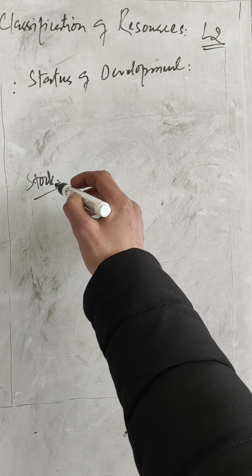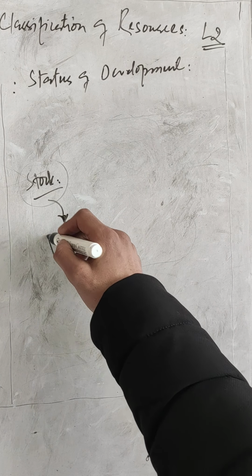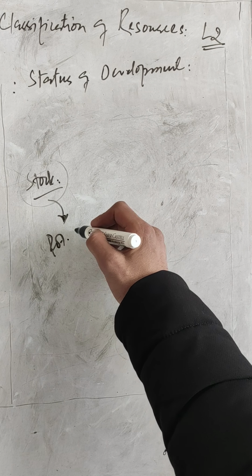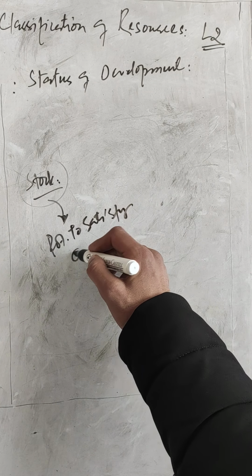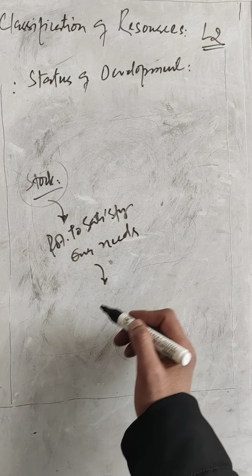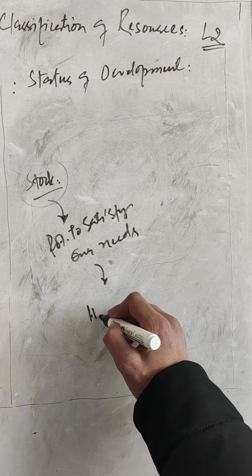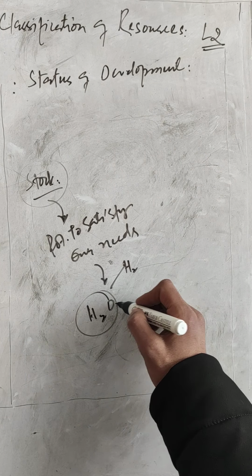Now, keeping stock in view, these resources also have the potential to satisfy our needs. But again, they are not being used. For example, we have water, H2O. It's composed of two gases: one is hydrogen, another is oxygen.